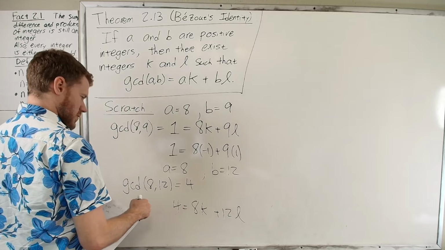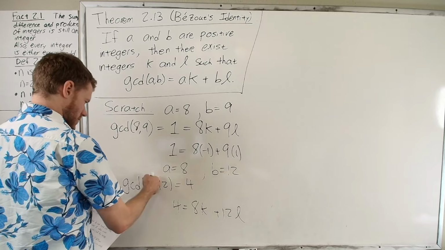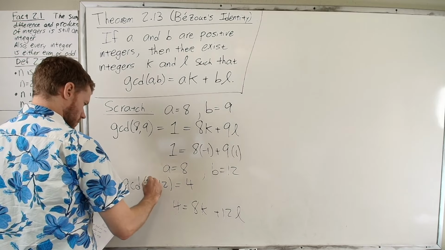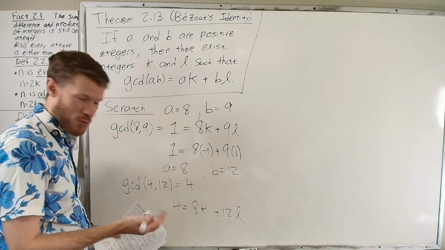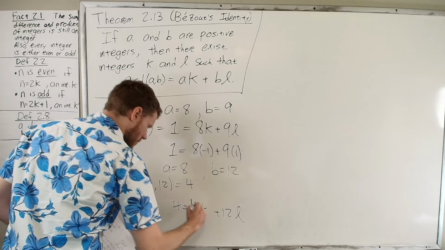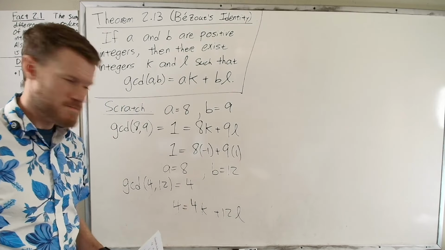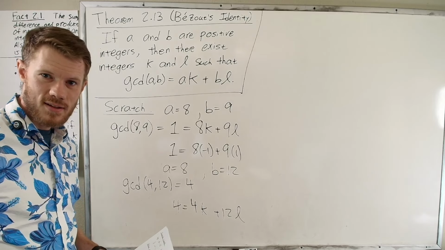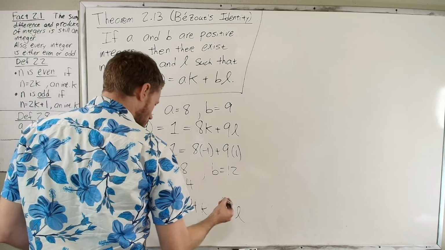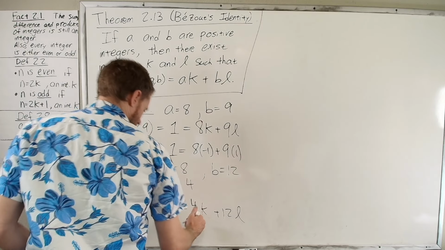Let's make it a little bit more interesting. Let's just have it be 4 and 12. The GCD is still 4, but how do we make it now? 4k plus 12l. Well, actually, some of you might have different answers than others. So one way is you could now just double k.